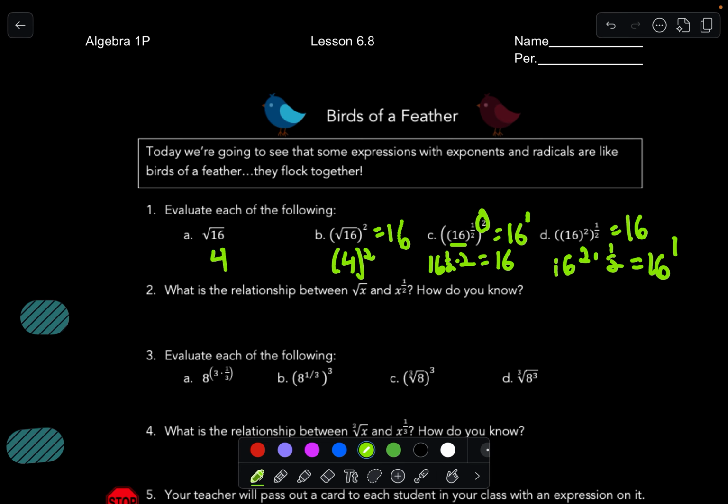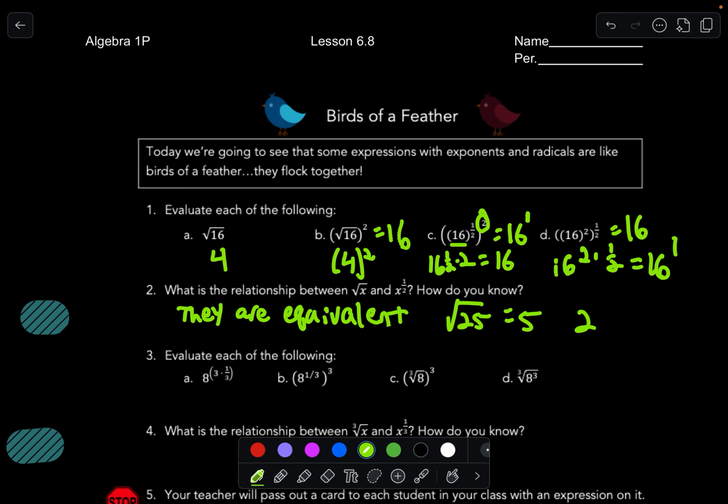So, a couple things. What is the relationship between the square root of x and x to the 1/2 power? They are equivalent. They mean the same thing. So if I ask you what the square root of 25 is, most of you, if not all of you, would say that's equal to 5.